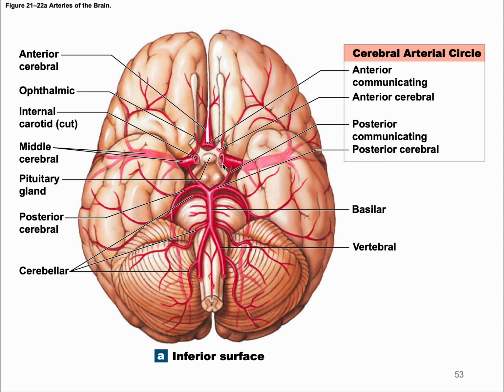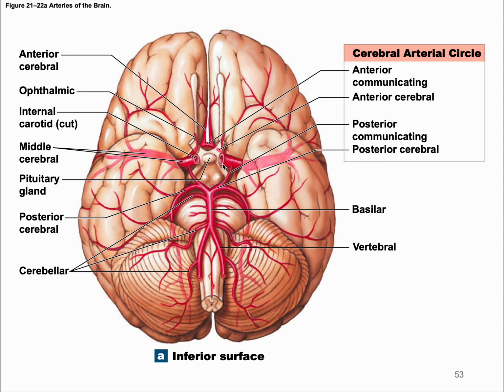But the takeaway of this slide is that you'll have two vertebral arteries and two internal carotid arteries that will supply the anterior portion, middle, and posterior aspect of the cerebrum. The one that supplies the anterior side is called the anterior cerebral arteries, which are connected by the anterior communicating artery.